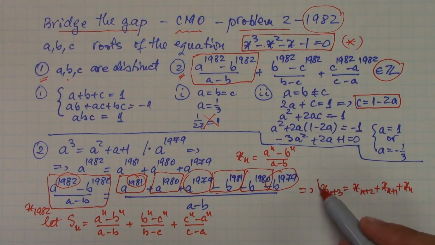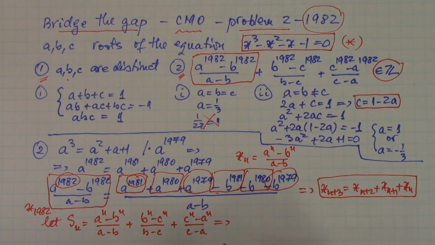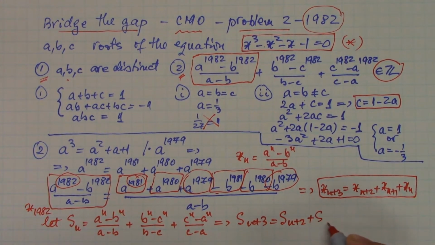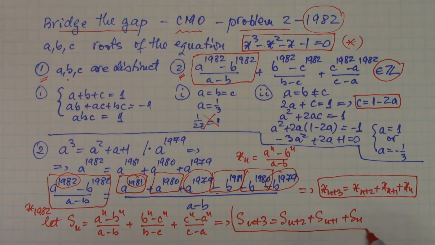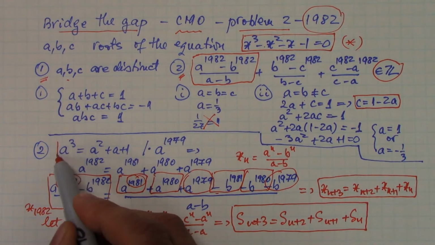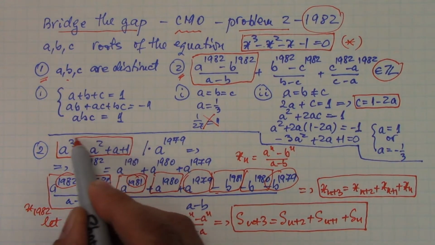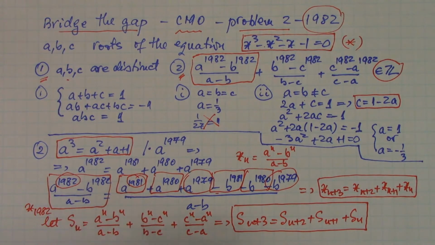Using this simple relationship here, we can infer the fact that Sn plus 3 is equal to Sn plus 2 plus Sn plus 1 plus Sn. This is a very nice, very simple relationship that we got just by exploiting the fact that this equality is true for any of our roots a, b, and c.